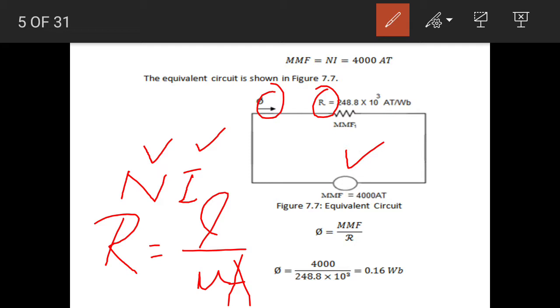All these parameters are given to you in this numerical example, so you can calculate the reluctance of this magnetic circuit.